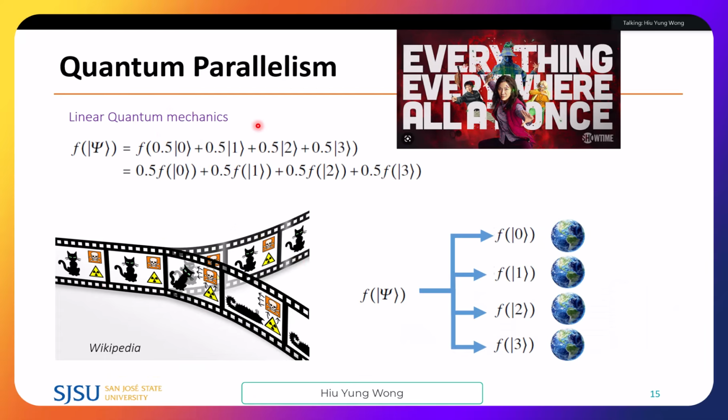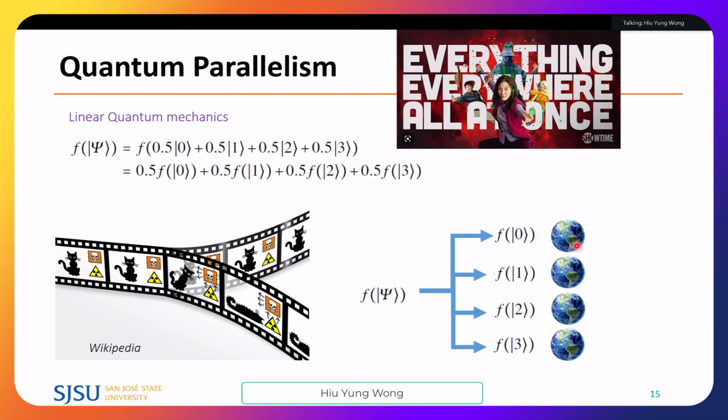Now, quantum mechanics is linear. If I try to apply a function to it, hand-wavingly, this is a superposition of 4 basis states. So this is 2 qubits because it has the 0 0, 0 1, 1 0, and 1 1 basis states. Then it means I do the computation on each of these basis states at the same time. And of course there is a lot of philosophical debate, but it is true that we can do this quantum parallelism.